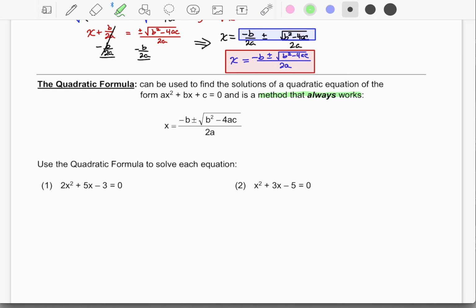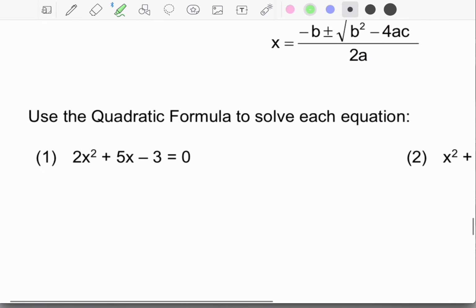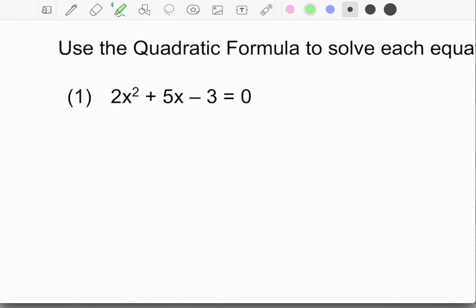All right? So what we do is we pull out the a, b, and c values from the quadratic. If it's in the general form ax squared plus bx plus c equals 0, general form of a quadratic, that's what we want. We don't have to move things around like completing the square. We don't have to create a space by moving the c value. It's just make sure it's equal to 0 and everything's in descending order.